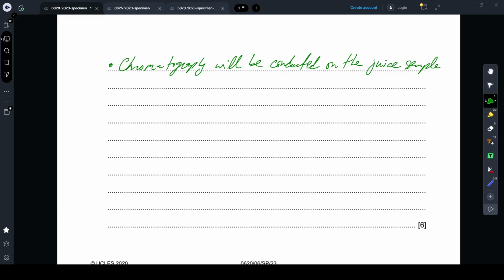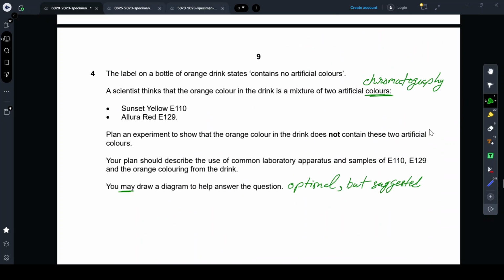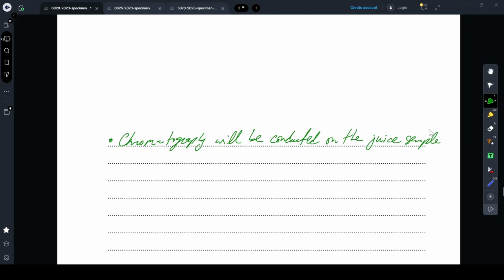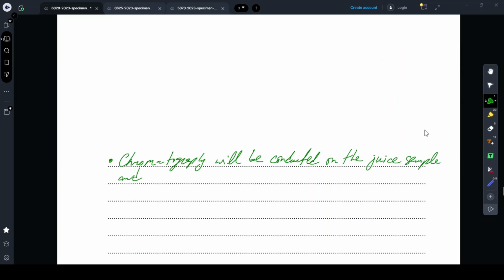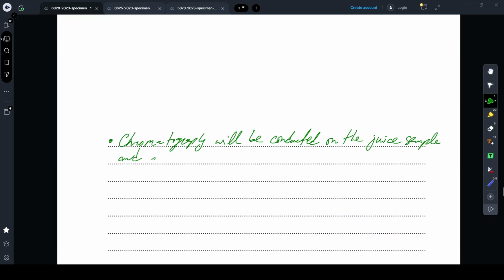Why will we be conducting it on the juice? Because of the artificial colors E110 and E129. You're going to have these three things on the chromatography paper.